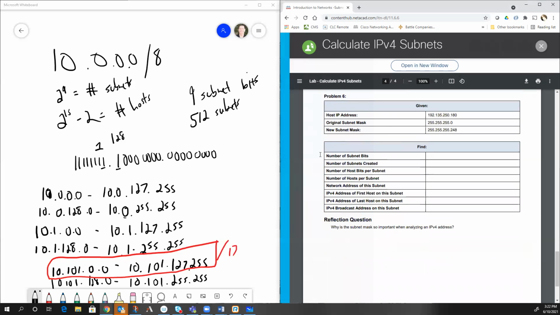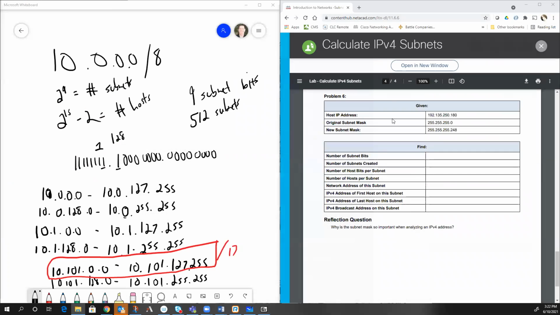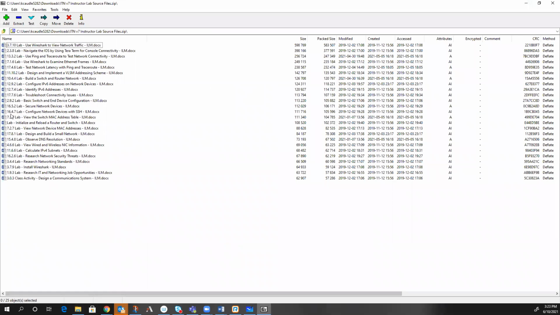Now, I do want to show y'all something that is going to make you very, very happy. And that is this. Once you finish the class, you're going to have access to resources. So if, for instance, you were doing this lab, all right, so this is lab 11, it's 1166. So a lab 1166, if you happen to not know the answer, you can just go in here and find lab 1166.